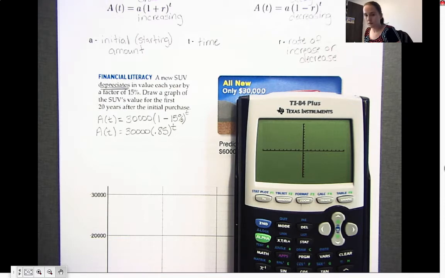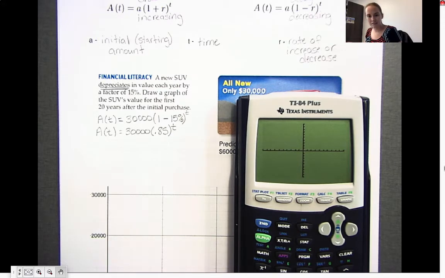And notice, nothing's there. Well, that's because when you look at your graph, the amount that this SUV started at was 30,000, and my graph's only going to 10. So I need at least my y-axis to go up to 30,000, and also the time. The time, how many years?